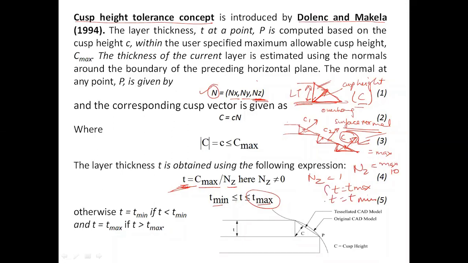This is how maximum and minimum were assumed. Generally, the value of nz is in the range of 1 to 10. So every layer thickness is equal to the maximum cusp height derived from the triangles divided by the z component of the surface normal of the same triangle. This is how he assumed the surface roughness to be found.